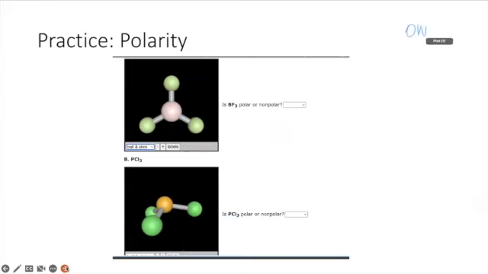So let's look at your OWL question 6, which is asking if something is polar or nonpolar. In your actual OWL, you can grab this little guy and move him around. I'll tell you right now that this is trigonal planar, meaning that all three of these are in the same plane. And they're all the same atom.